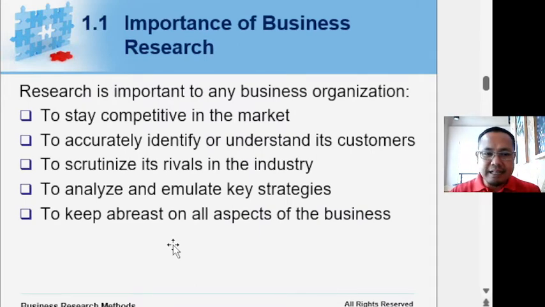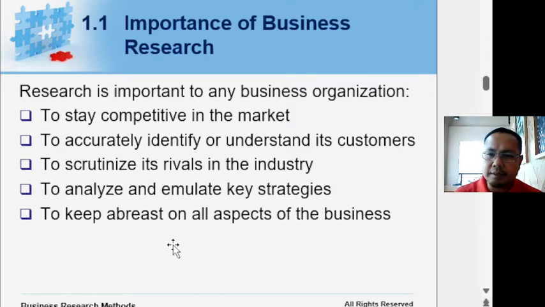So actually, research is very important to any business organization. Okay, so we as students of Master in Business Administration, for example, of course we need to implement our knowledge from what we have been taught and learned during the process of getting our degree in Master in Business Administration.